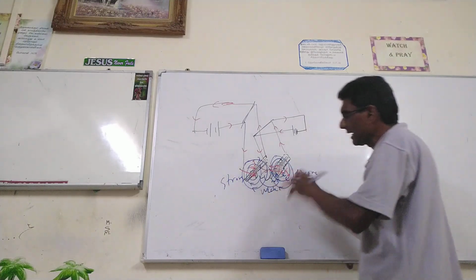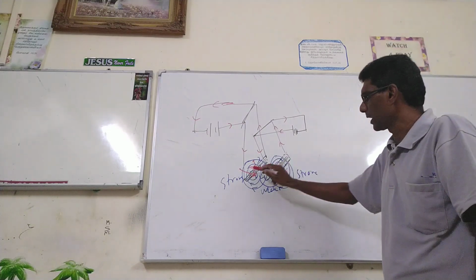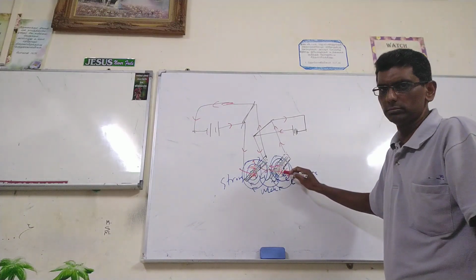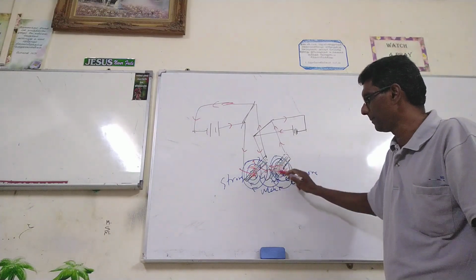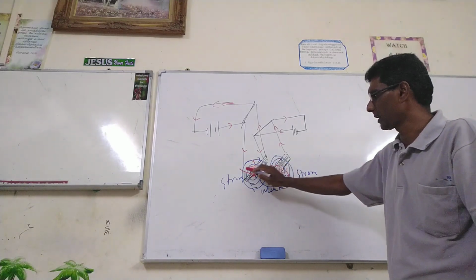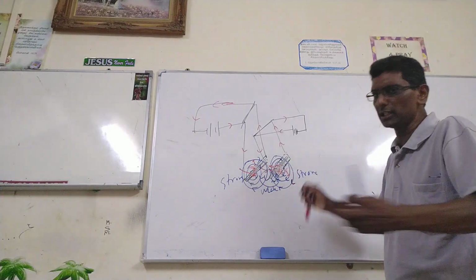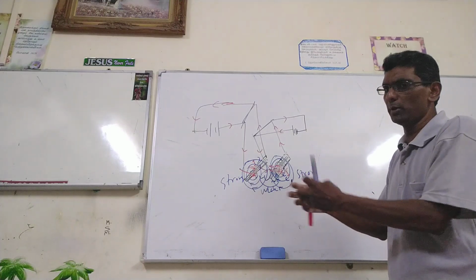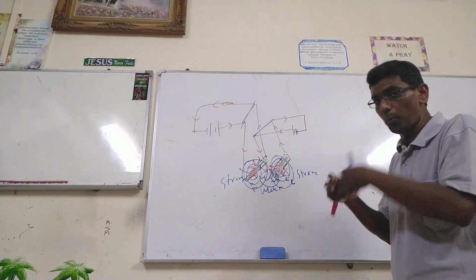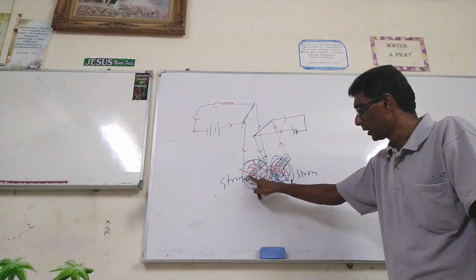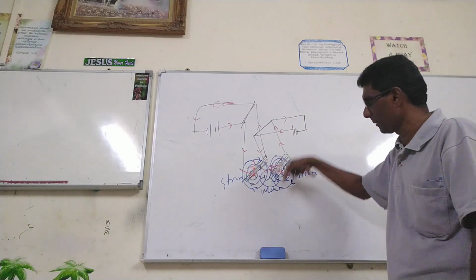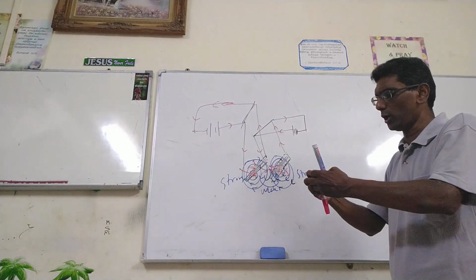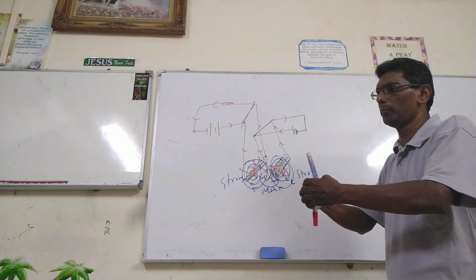If the current is opposite, one going up and one coming down, the aluminum rods push each other.